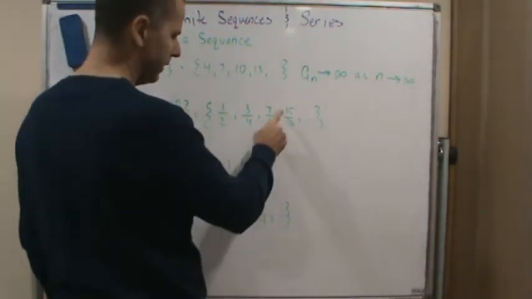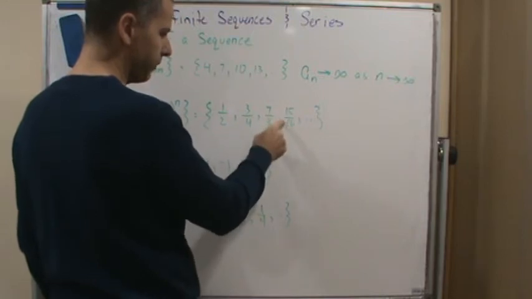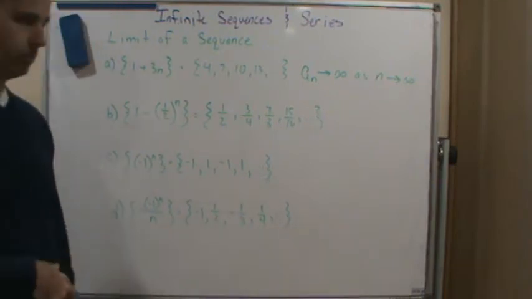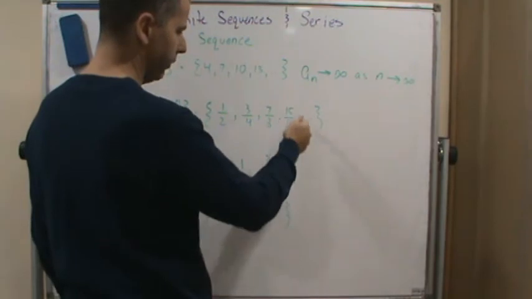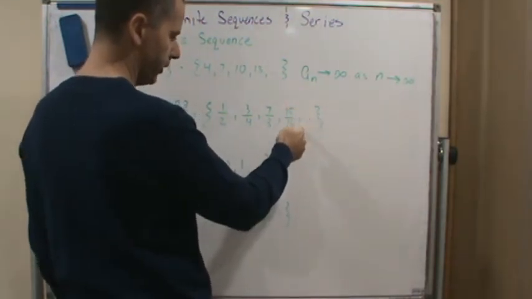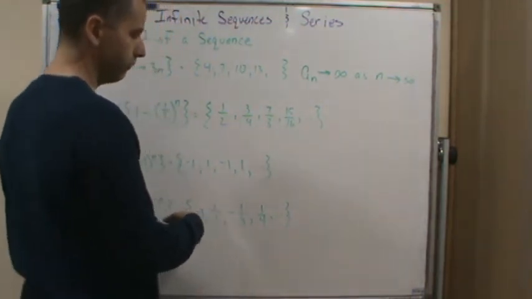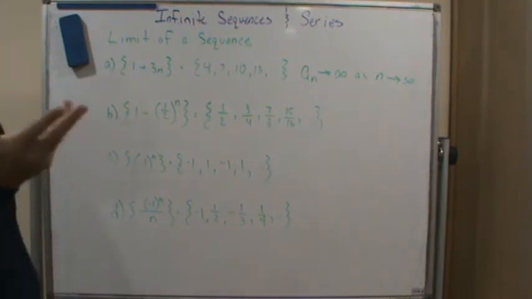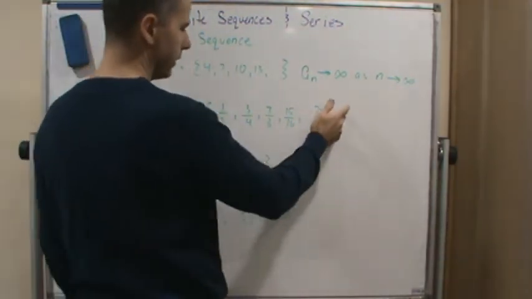In fact, these numbers are getting bigger, but they're very close to 1. If we keep going, we have 31 over 32, then 63 over 64, 127 over 128.